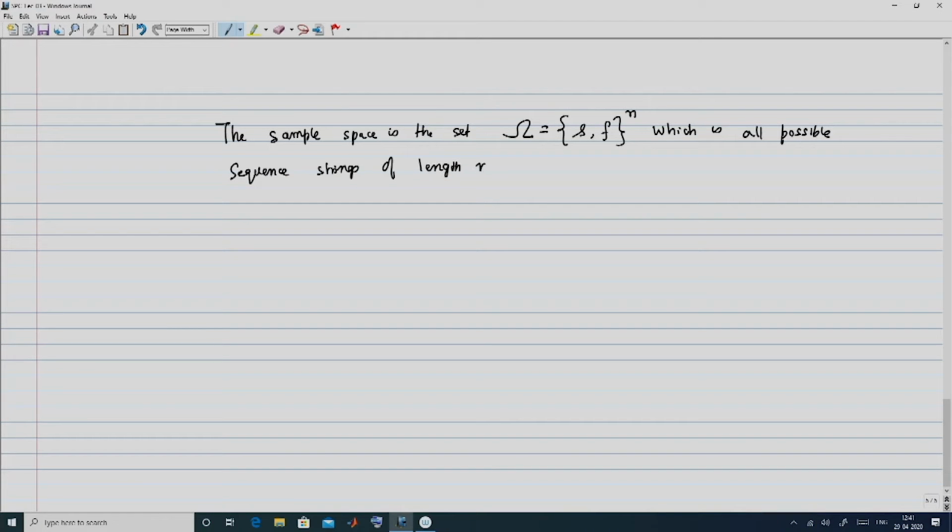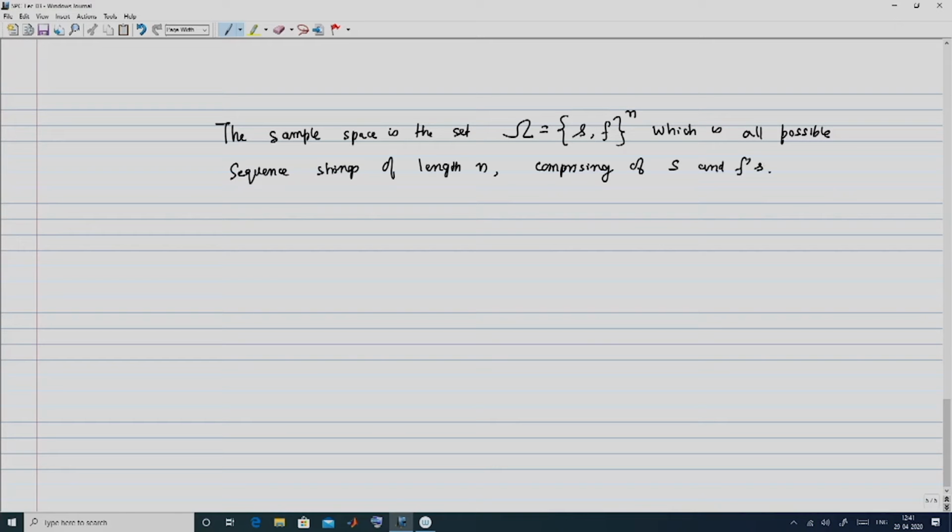Accordingly, the sample space is the set omega, and we will denote it by the notation F with a superscript n, and this notation means all possible sequence strings of length n comprising of S and F's.